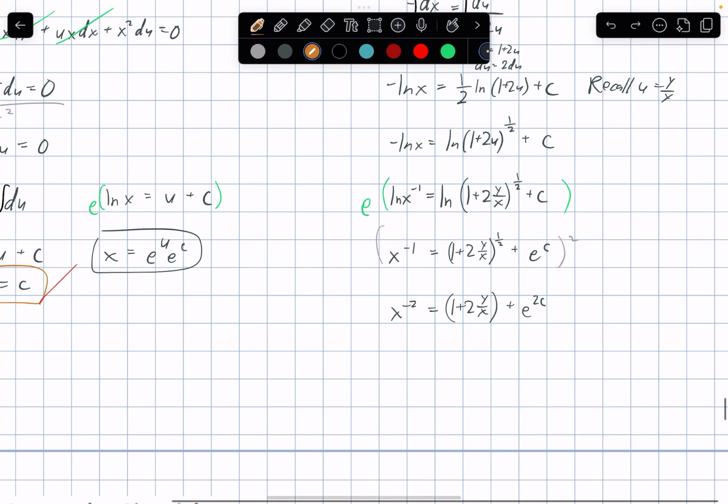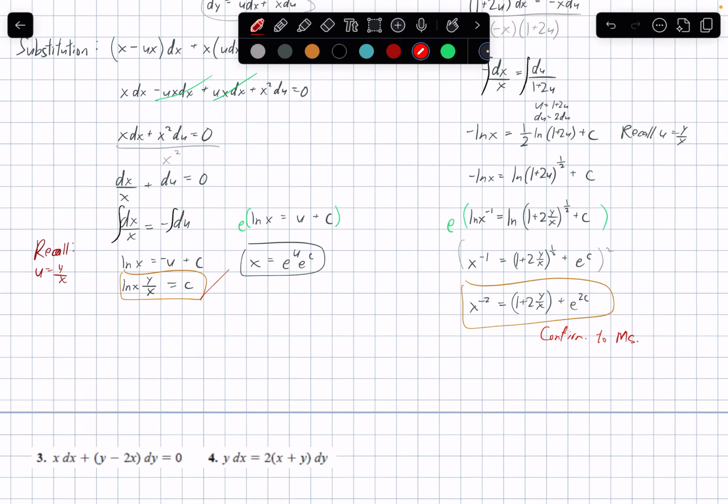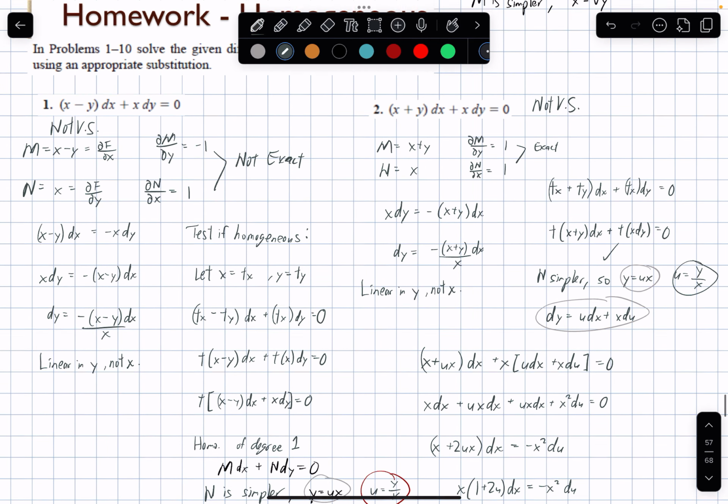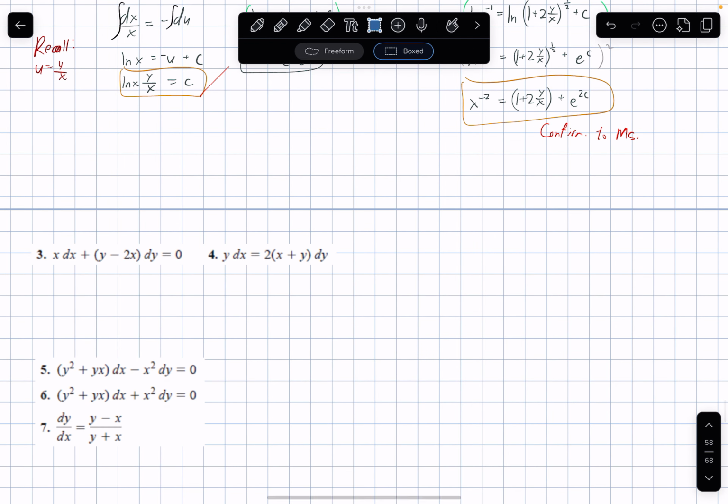I think this will suffice already. I'll just have to confirm this to my prof. But essentially, we followed all the necessary rules.